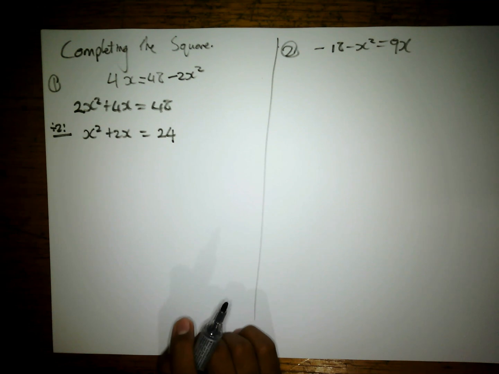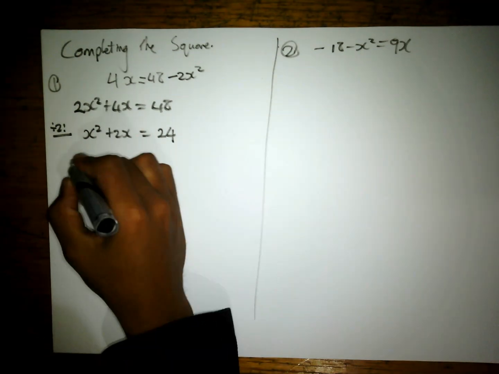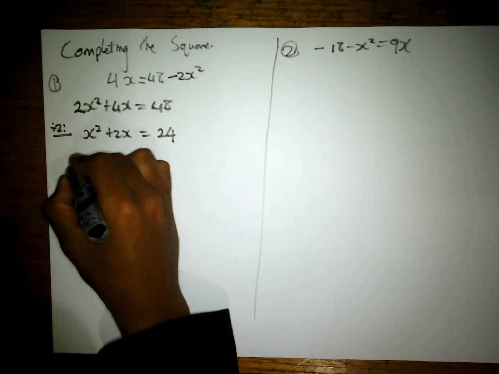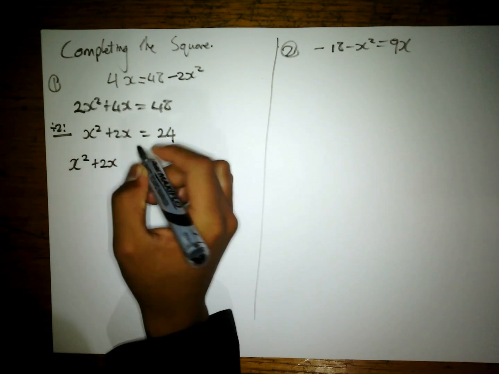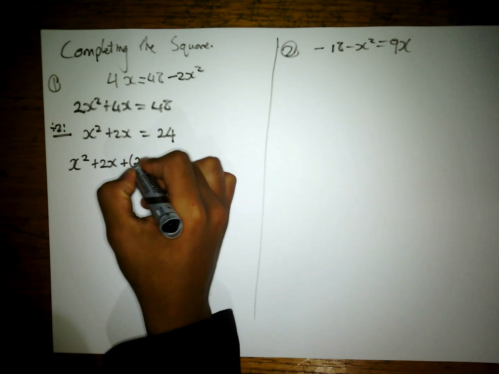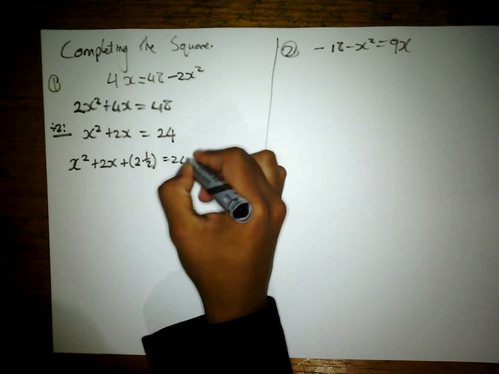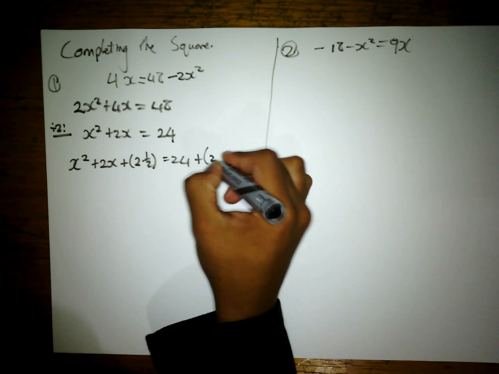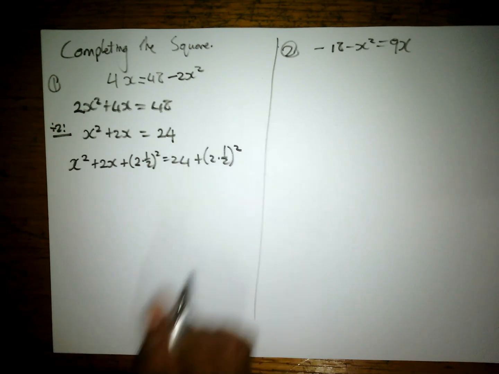So I write this: x squared plus 2x plus 2 times 1 over 2, squared, equals 24 plus that squared.